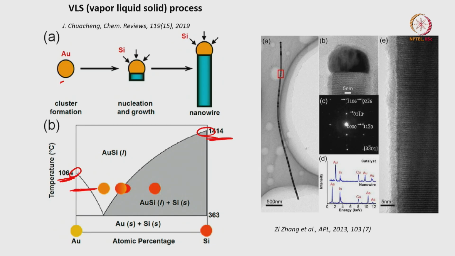I am doing this process at about 700 degrees Celsius or something, which is some random, arbitrary number I have just given, but in general VLS is a low temperature process, okay.